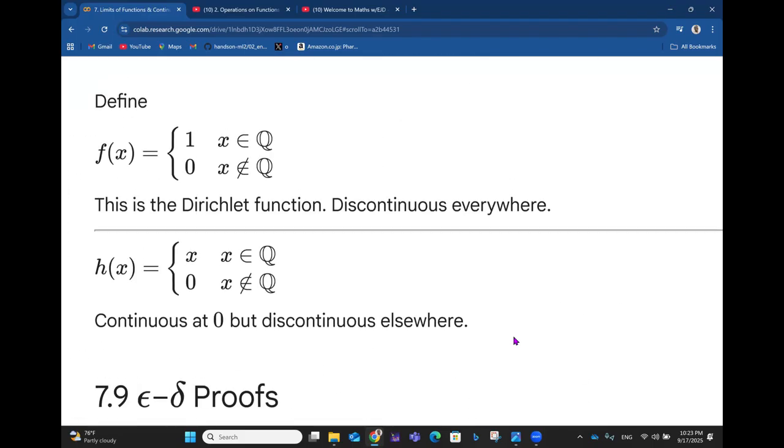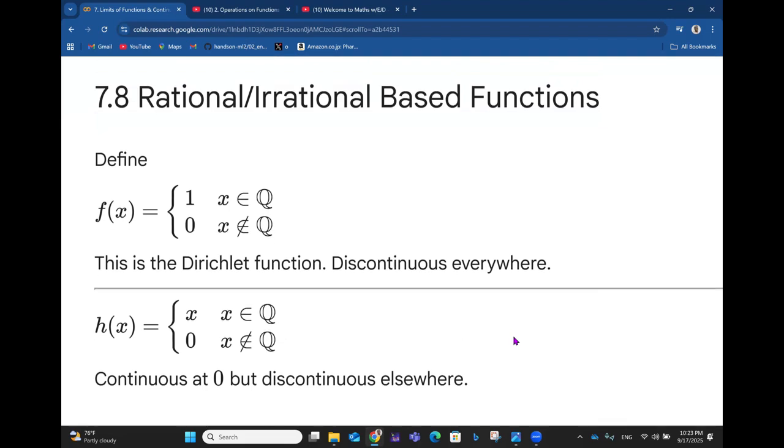Then the next thing, let's talk about rational and irrational based functions. Define, for instance, a step function. A function that has different values within different limits is called a step function. Imagine that f of x is 1, given that x is a rational number, and f of x is 0, given that x is not rational, that is, x is irrational. This is called a Dirichlet function, and it is discontinuous everywhere.